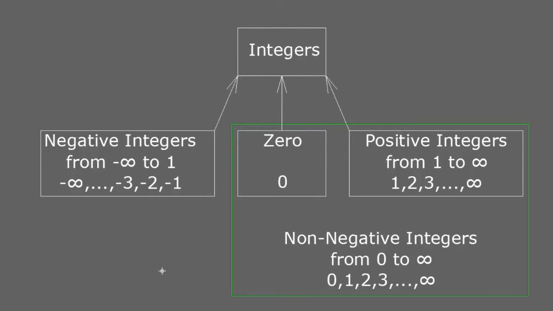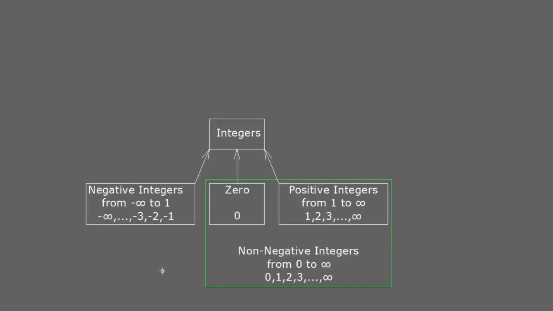Obviously, the positive integers are not negative, and 0 is not positive, but it's also not negative. So the set of non-negative integers goes from 0, 1, 2, 3, all the way to infinity. And the negative integers are simply called the negative integers.